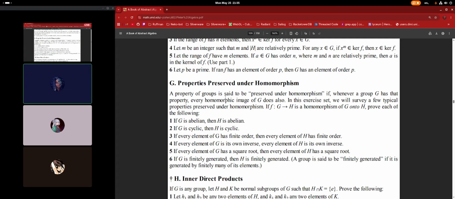That sounds incredibly useful, actually. Okay, does anybody want to talk about anything on G? Not really. Those are very nice properties, but the proofs are pretty mechanical.